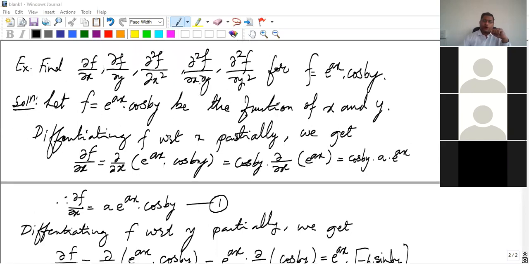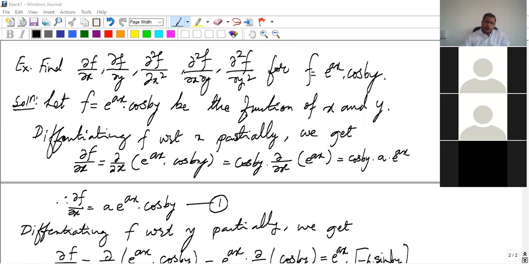We want the derivative of the first derivative with respect to x again. Then the first order derivative with respect to y, we have to differentiate again with respect to x. And again the first order derivative with respect to y, we have to differentiate with respect to y. This way we have to find these three second order derivatives, so let us find them one by one.